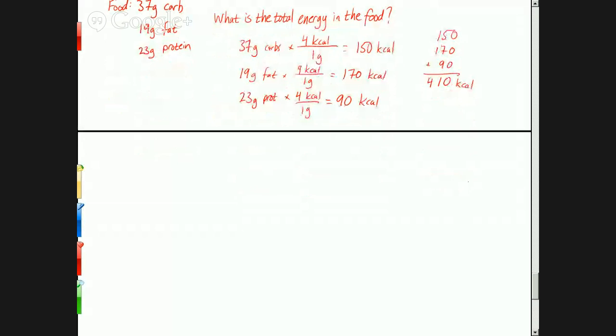So let's practice a little bit of a conversion. This is our conversion factor, 4.184 joules in a calorie.